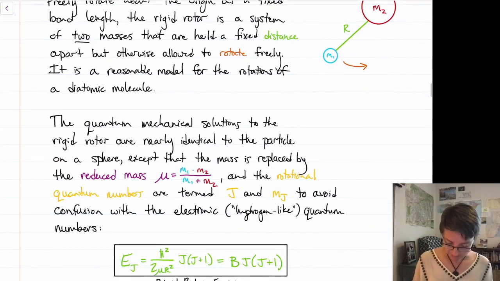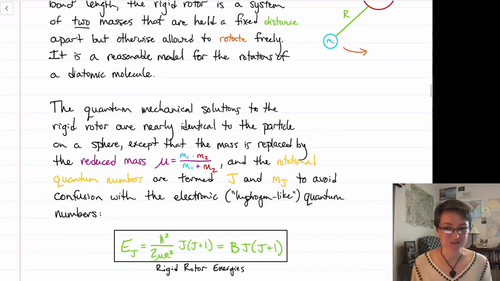And we're going to rename our rotational quantum numbers because L and m sub L are already used up for the hydrogen atom. And so we're going to call our rotational quantum numbers J and m sub J. And again, that's nothing that's conceptually changed from our previous model. It's just that we want to avoid confusion with electronic spectroscopy.